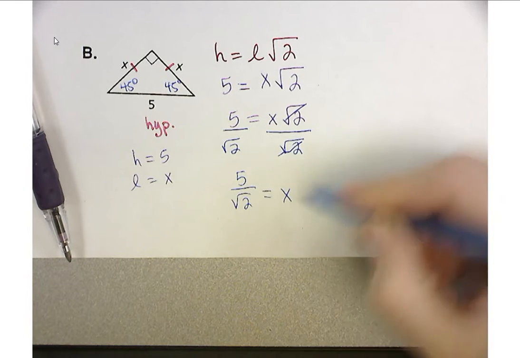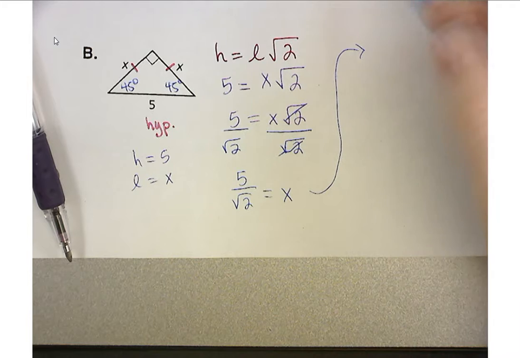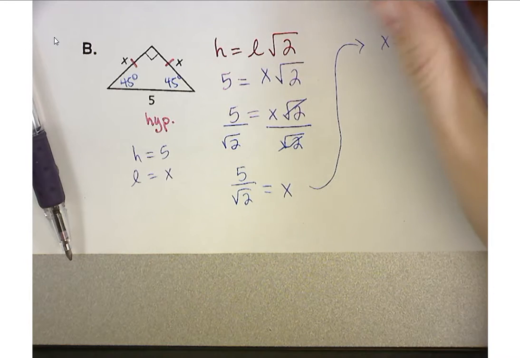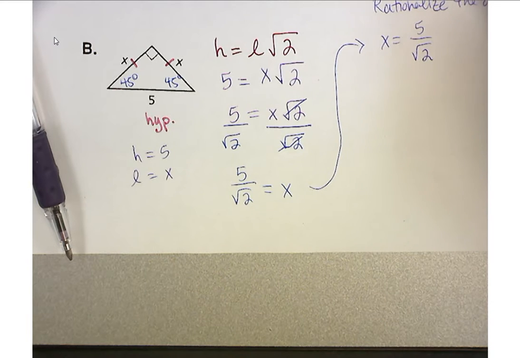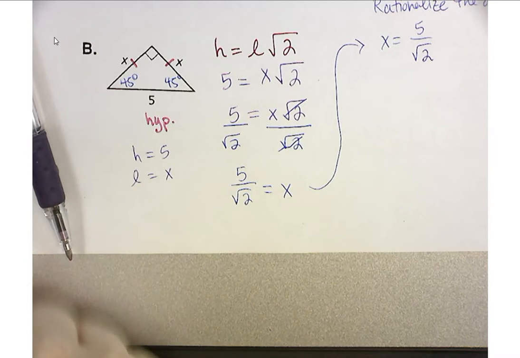Okay, but this answer I have to do what with? What's the word? Cass just told us. Rationalize. Okay, so now we are going to rationalize the denominator. Okay, so Robert, what am I going to do to rationalize?